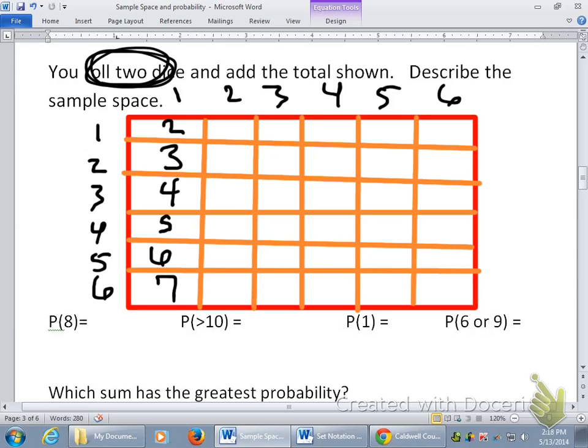All I'm doing is adding those up, right? Now this column represents the first dice is a 2, the second dice was a 1, so the sum of 2 plus 1 is 3, and 2 plus 2 is 4, and 2 plus 3 is 5, 6, 7, 8, right? So go ahead and fill in the rest of that table.